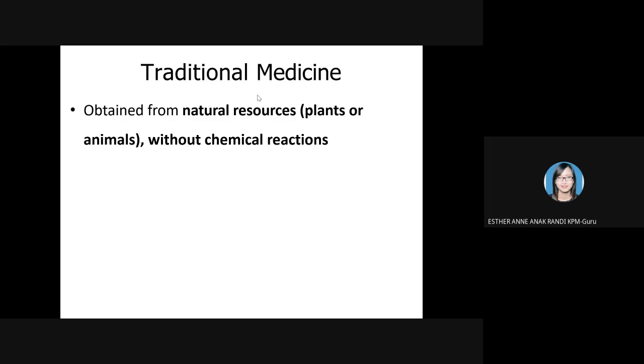Animals apa pula? What type of animal we use as traditional medicine? Apa animals yang kita gunakan sebagai traditional medicine? Any idea?